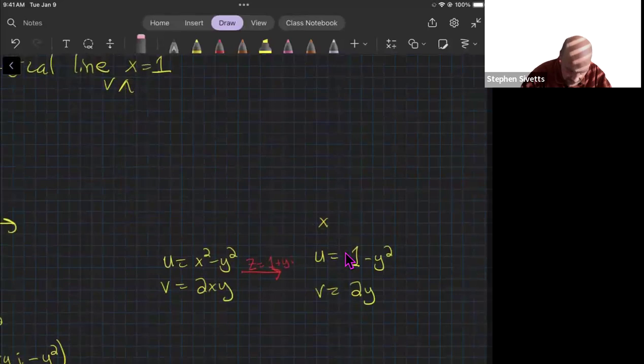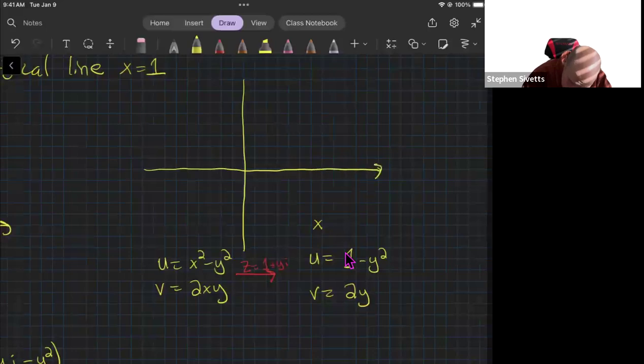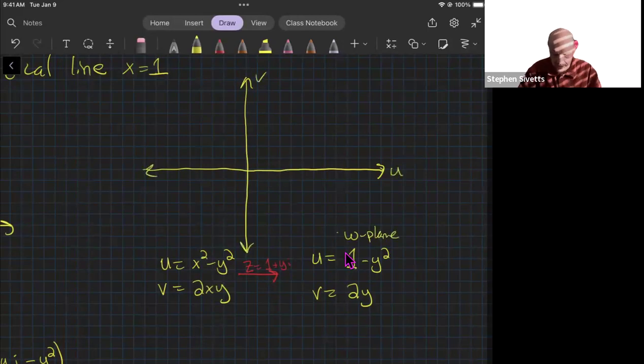Hopefully this makes sense. I'm going to redraw this graph here just a little bit so you can emphasize what's happening here with this image. So this is the w plane, with u and then v here.